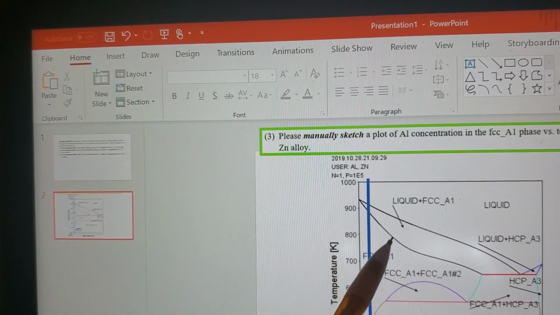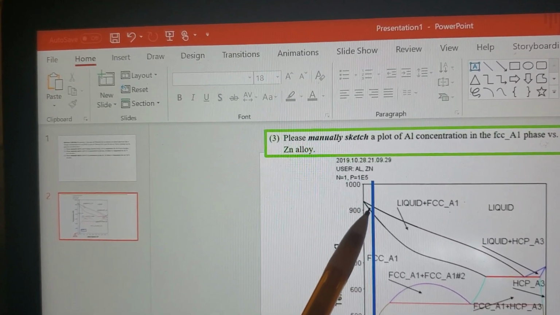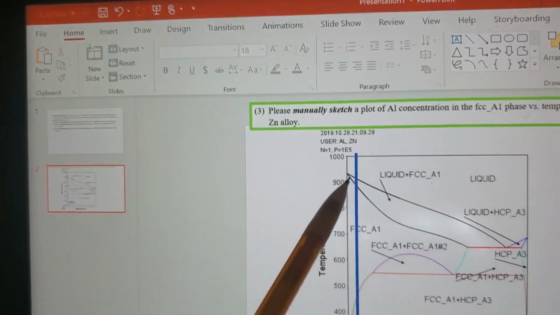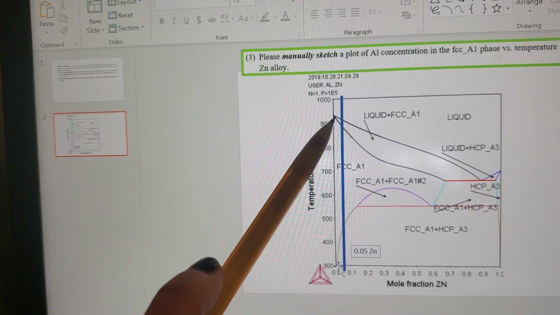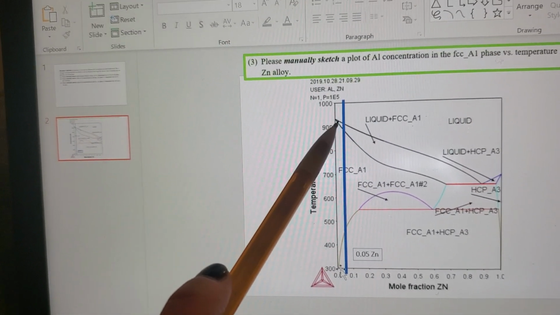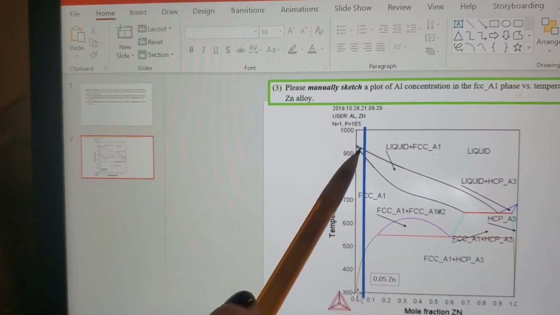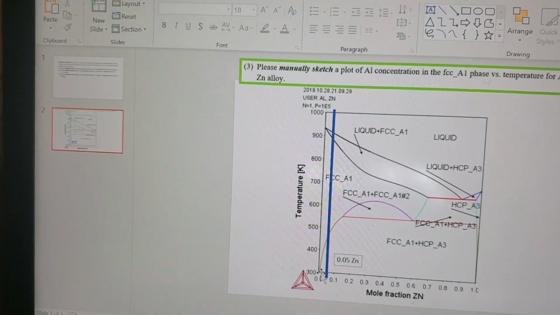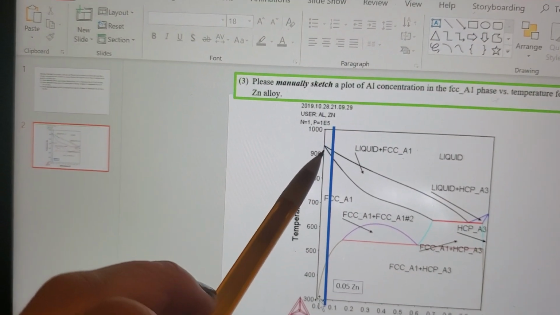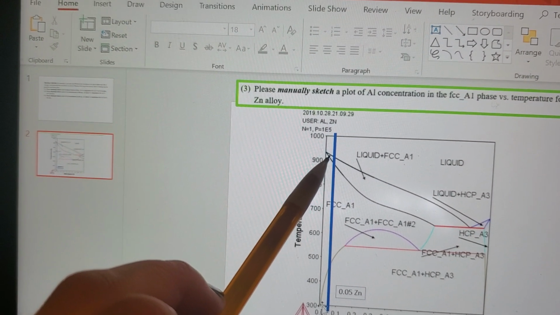This is the FCC A1 contribution. So you bring it along over. When you bring it down, it's about 0.02. That's just by eyeballing it. I'm not sure exactly what it is, but you'll just guess what percentage of zinc is right around here.